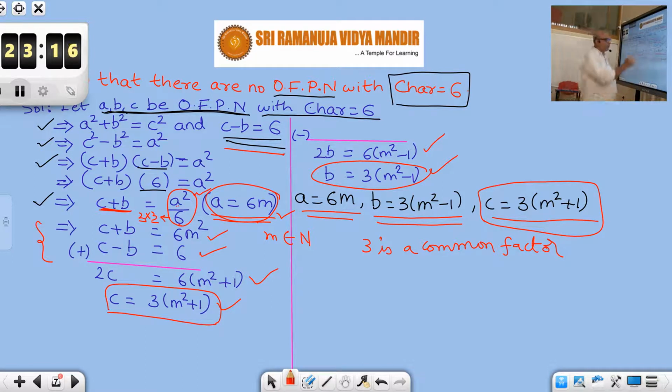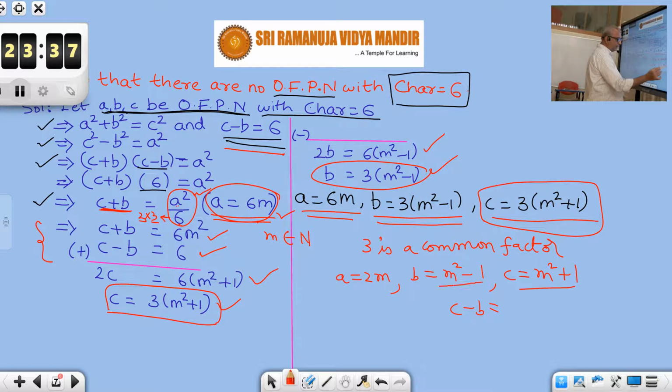What happens if you remove that common factor 3? You will get A is equal to 2m, B is equal to m square minus 1, and C is equal to m square plus 1. What is the characteristic here, C minus B? C minus B is 2.